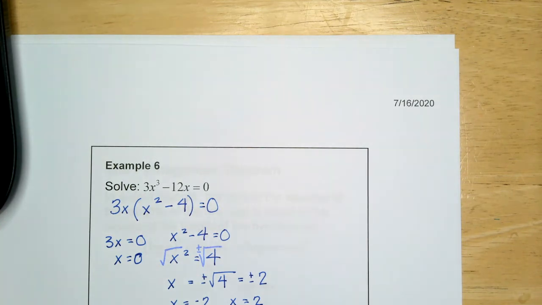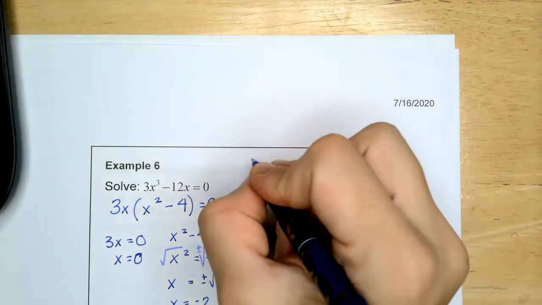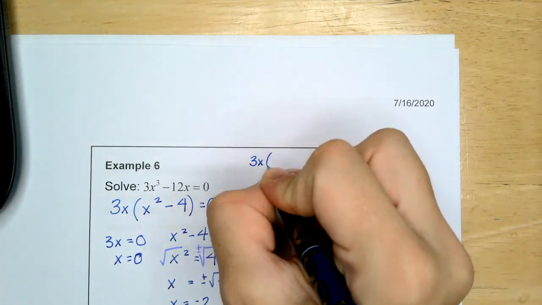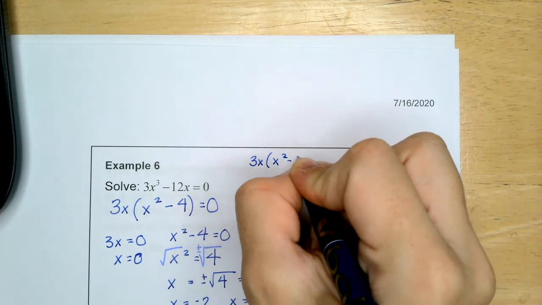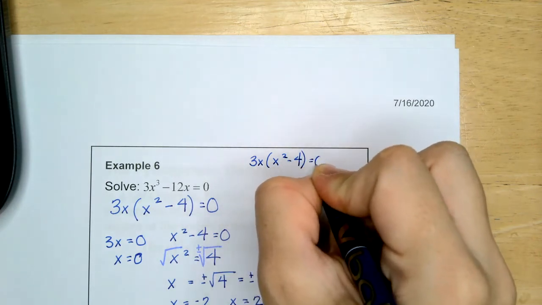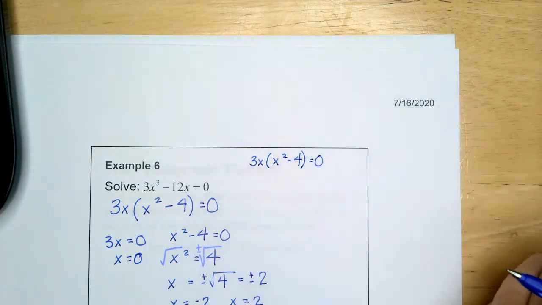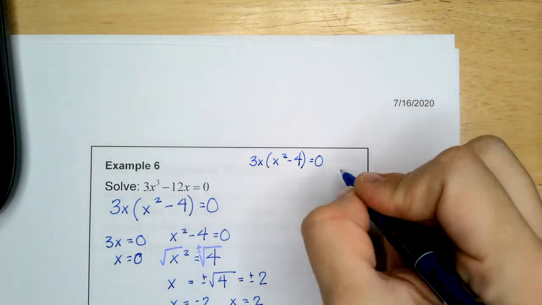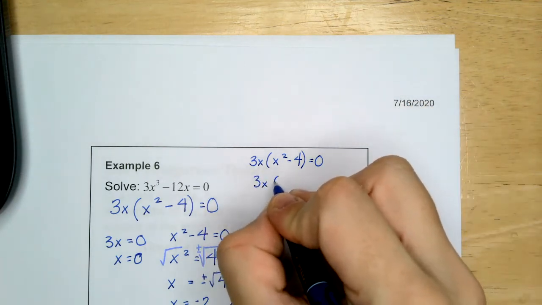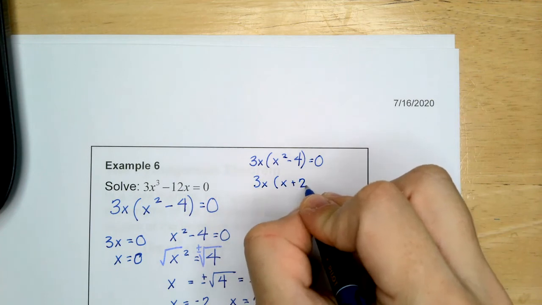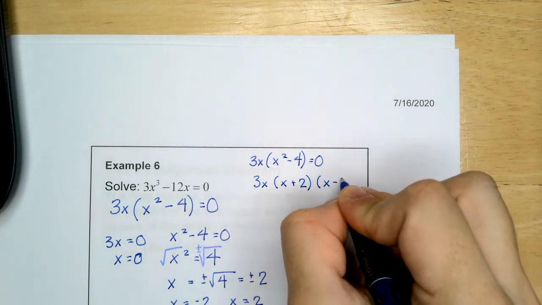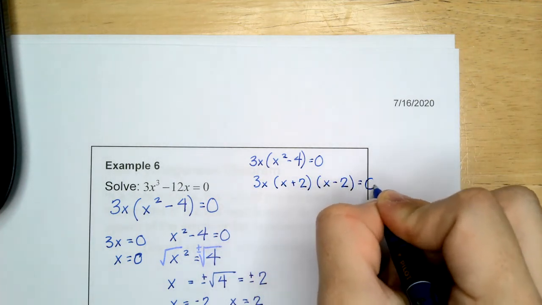Another way to do this would be 3x times x squared minus 4 equals 0. You know that this is the difference of two squares, so you can rewrite it as 3x times x plus 2 times x minus 2 equals 0.